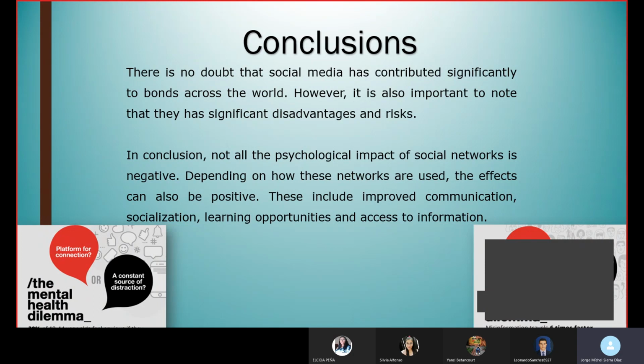And the effects can also be positive, for example, it is good for learning and job opportunities, or access to information, for communication or socialization. And what else? That's it.